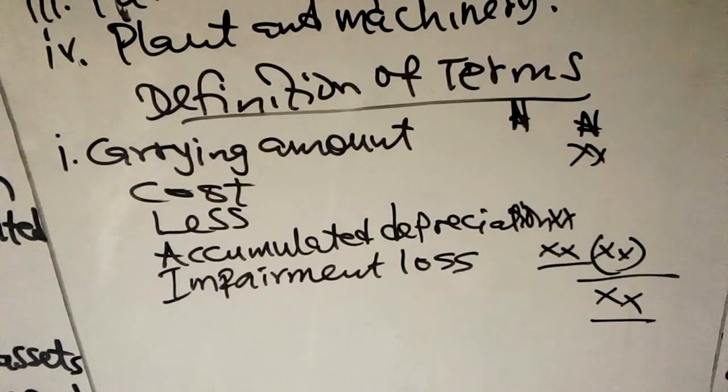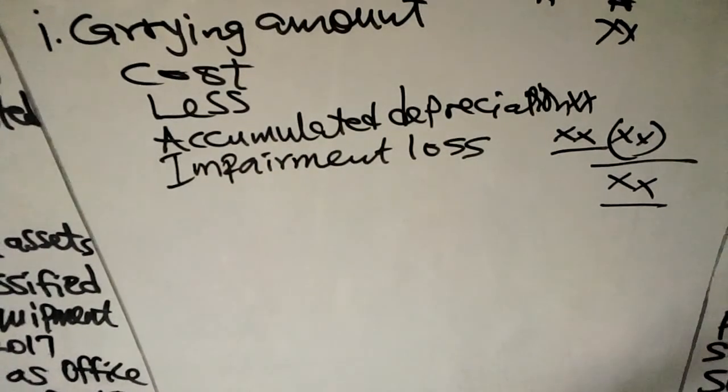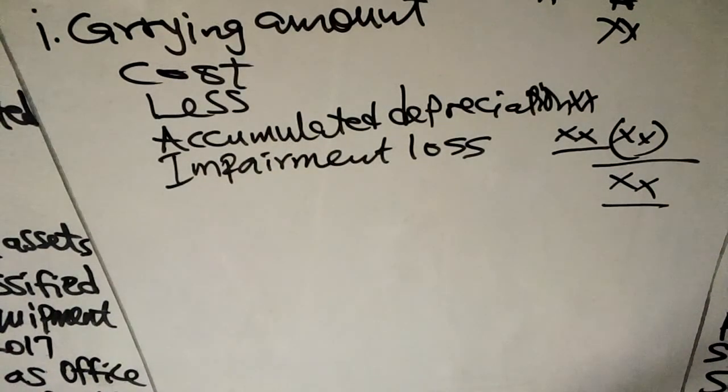That is the first term: the amount at which assets will be recognized in the statement of financial position after deducting accumulated depreciation and impairment loss.